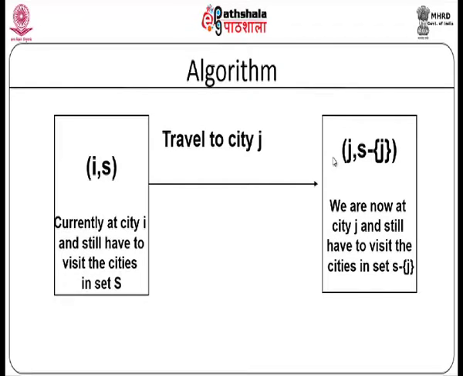I will explore all the possibilities from city J, and still we have to visit all the cities of the set S minus J, and we have to get back to the home city. This is what is needed for finding the solution of the traveling salesperson problem.